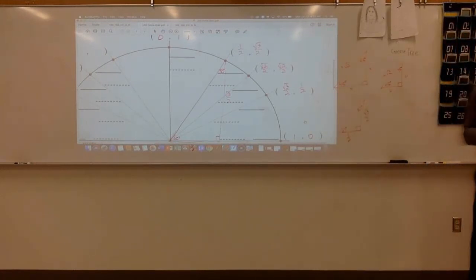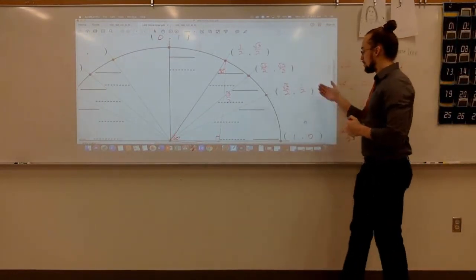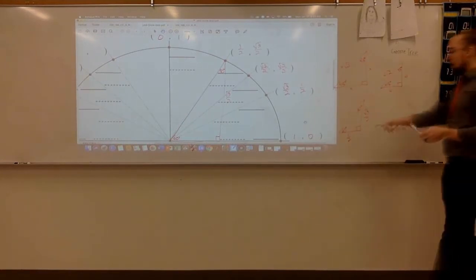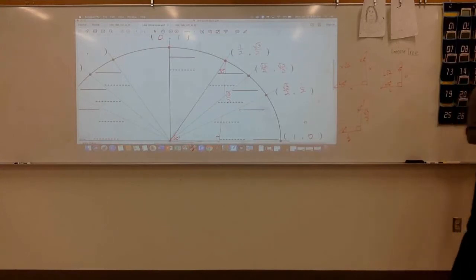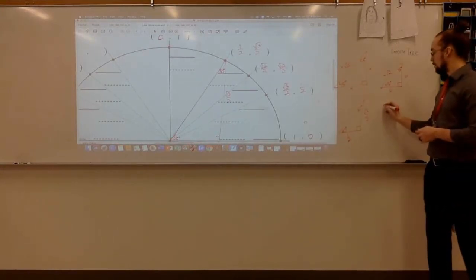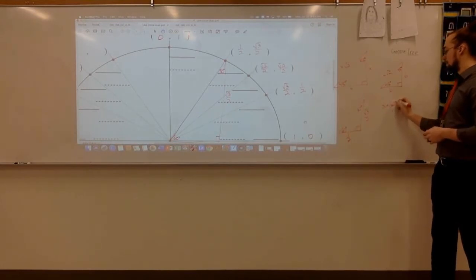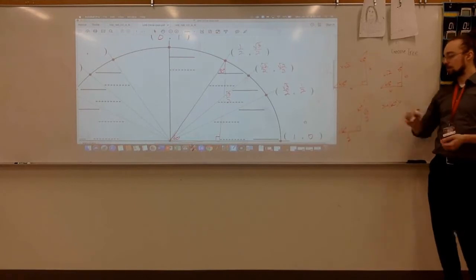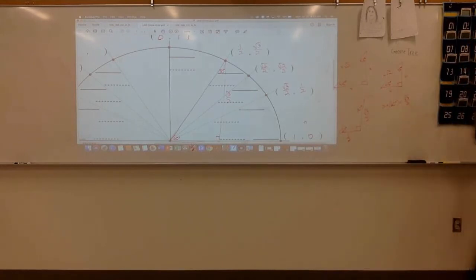Now, the reason that these values are significant, if I look at this triangle here and I write out some trig functions, so if I think about sine of my 60-degree angle, we know that sine is the opposite side over the hypotenuse. So sine is going to be square root of 3 over 2 over 1.